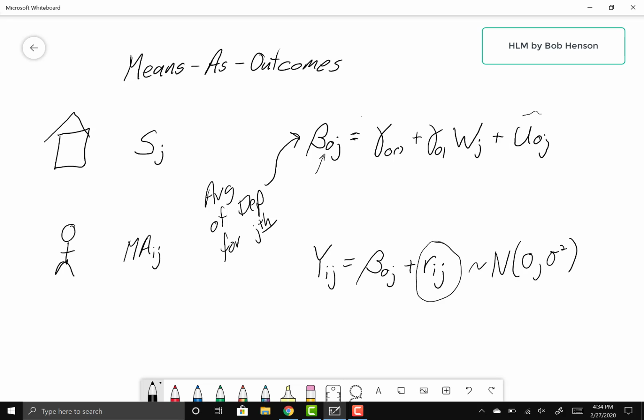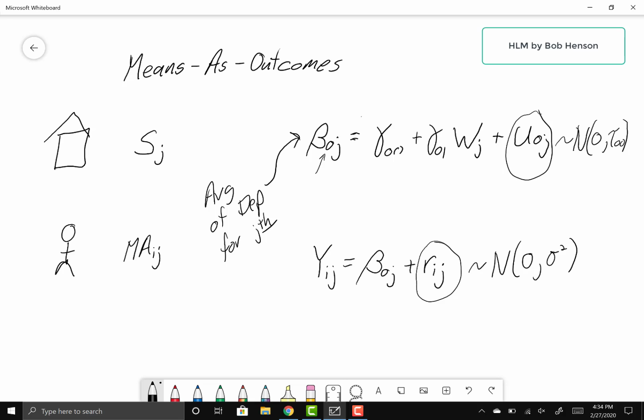But we also have u sub 0j, describing the extent to which a school average differs from what would be predicted based on the school-level independent variables. My u sub 0j is assumed to be normally distributed with mean 0 and variance tau 0,0.